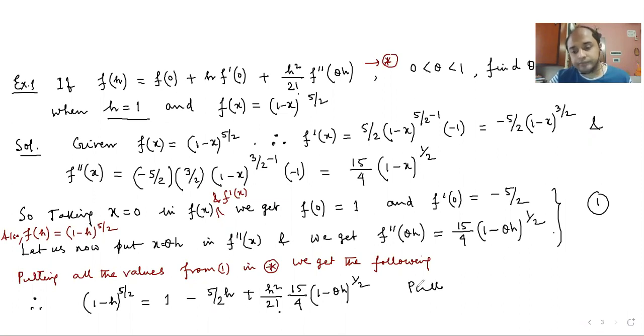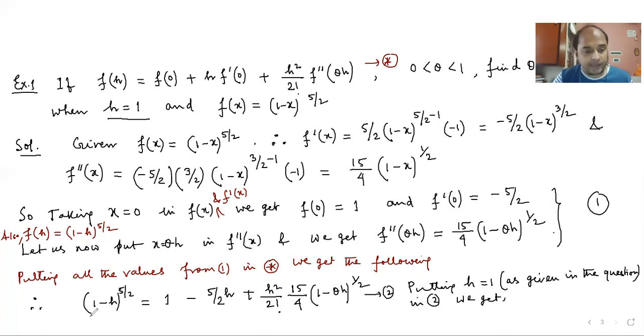Putting h equal to 1 as given in the question, in, let us name this as equation 2. In 2 we get, okay, let us put h equal to 1.